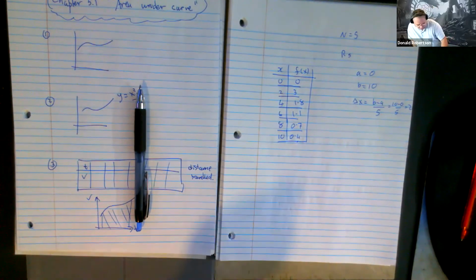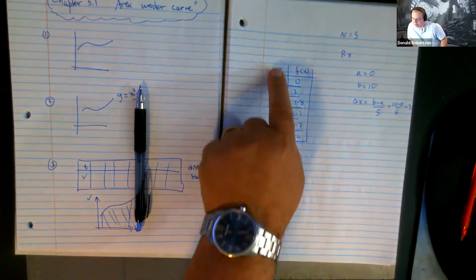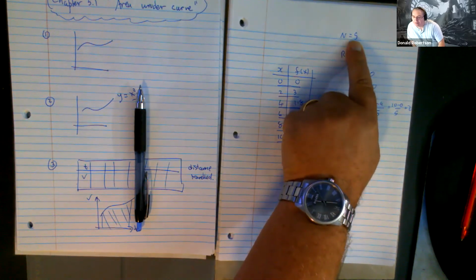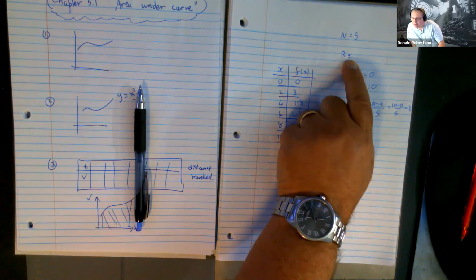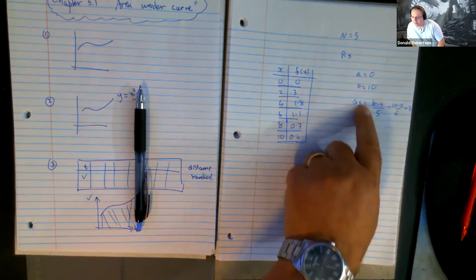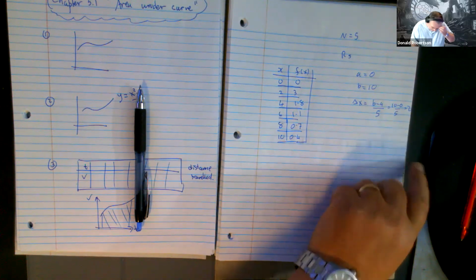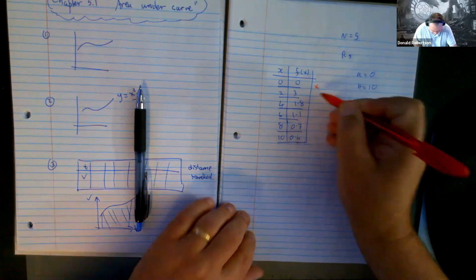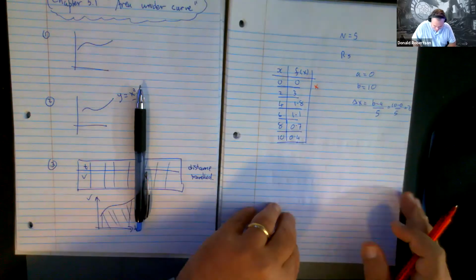Are you comfortable about how I got these values based on the information from the graph? 5 strips, and we're going to get the underestimate, right? We're going to get the R5. A is 0, B is 10. That's how I figured out delta x was 2. And now I'm going to use, oops, I almost did it wrong. Let me fix that.